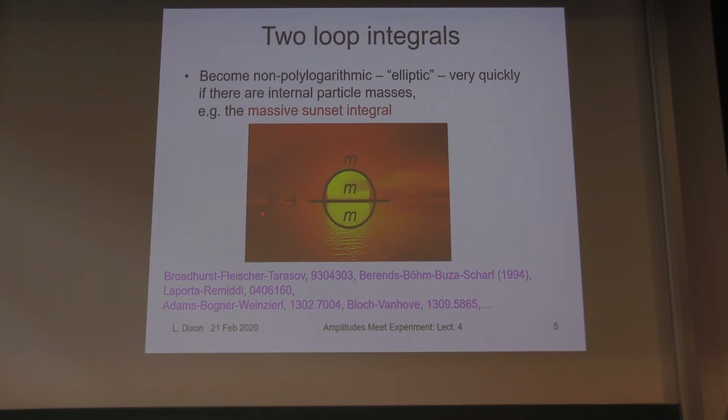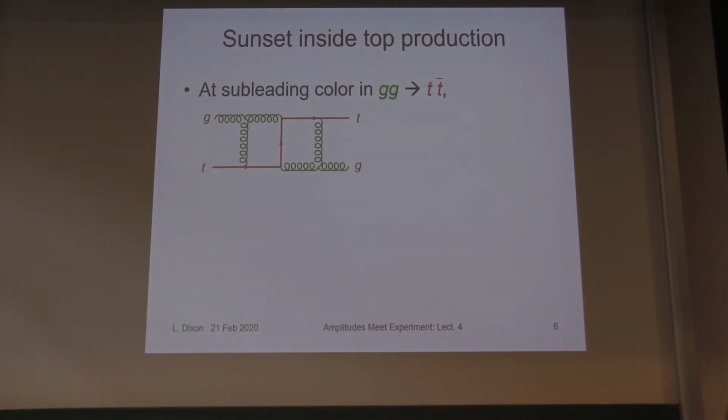One of the places where this integral plays a role, where this momentum is generic, I guess in Johannes' notation this was S, p squared was equal to S, and these equal masses, is in top quark production. In top quark production, there are various types of graphs, but this graph in particular is closely related to the sunset integral.